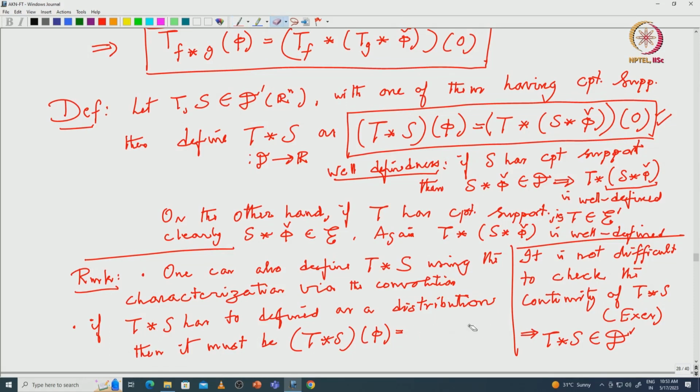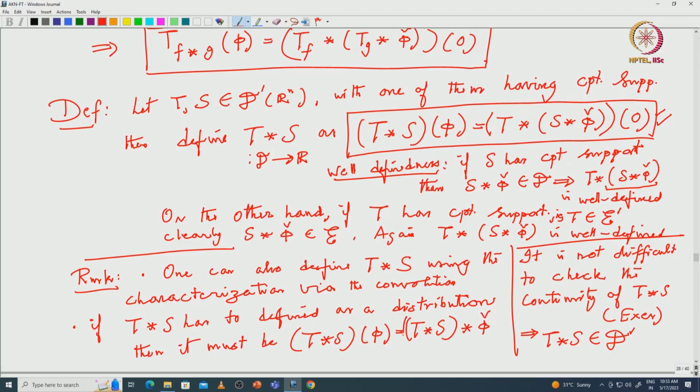Recall the way any distribution has to be defined, evaluate at 0.